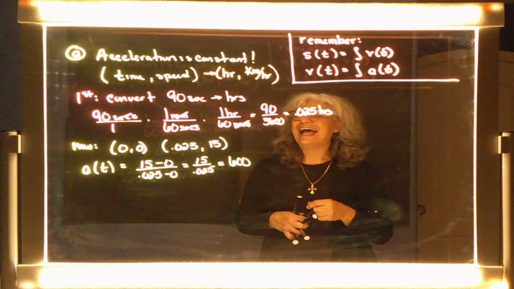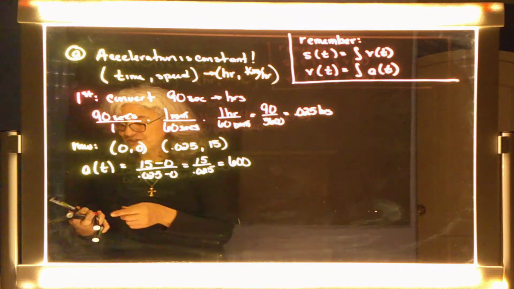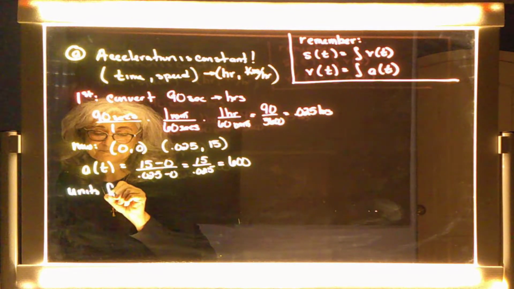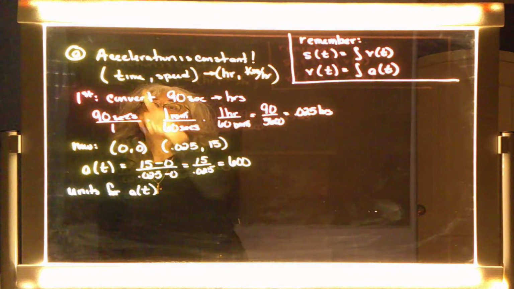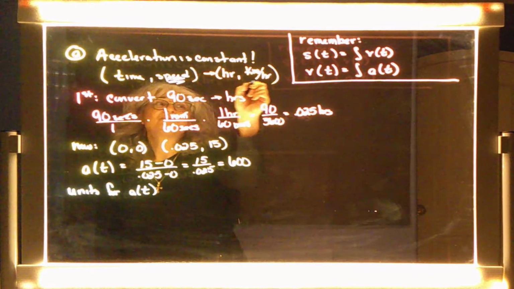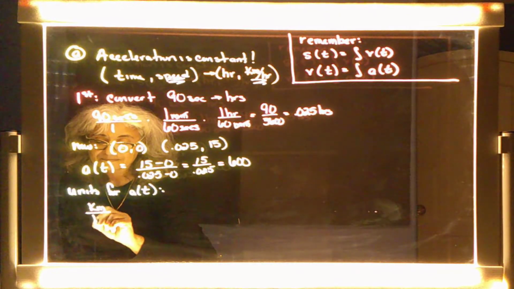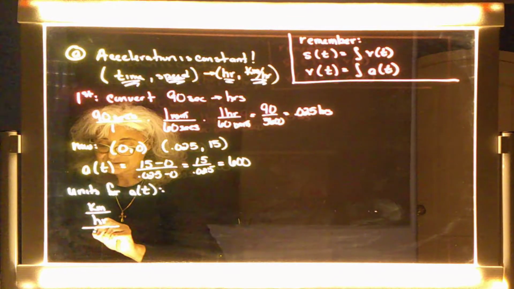Yeah. And so now I need to know my units. So the units for acceleration. Remember, the numerator was speed, which is in kilometers per hour. The denominator was time, which is in hours.